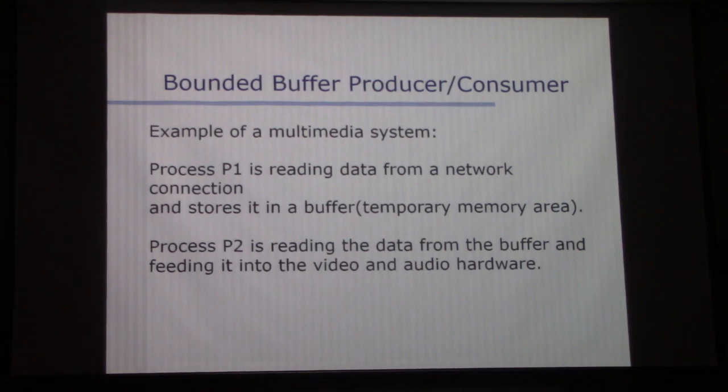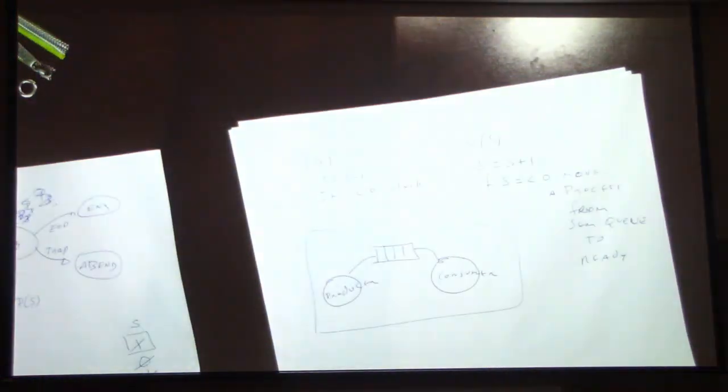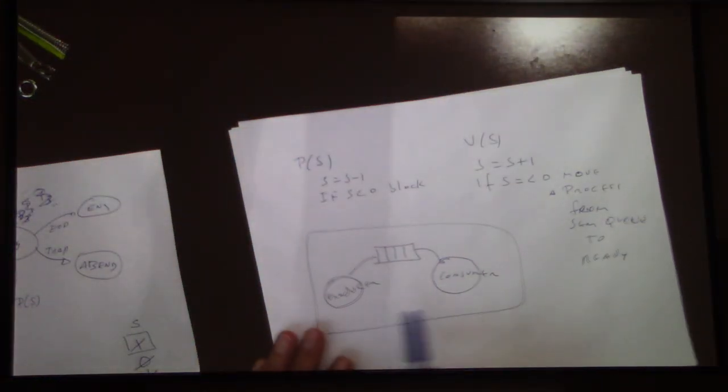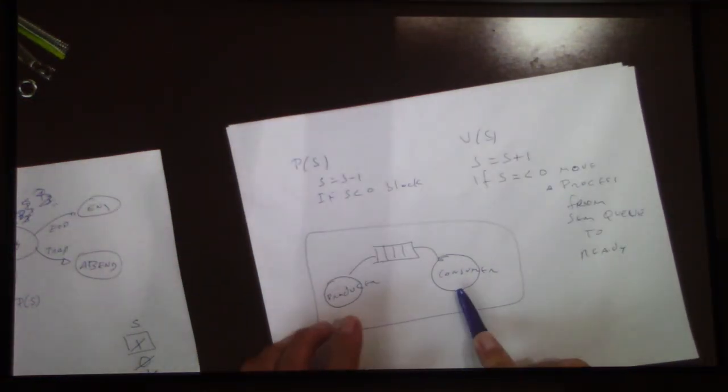So we have two processes, one that is producing some values and placing them into a memory location that we call a buffer, and the other one that is taking those values and consuming them, doing something with those values. But there is something there. These are two processes that are in the ready state.